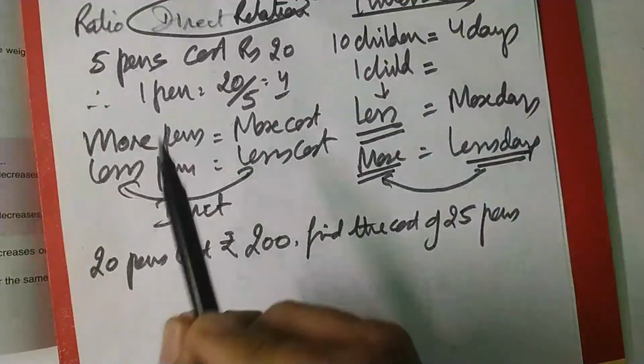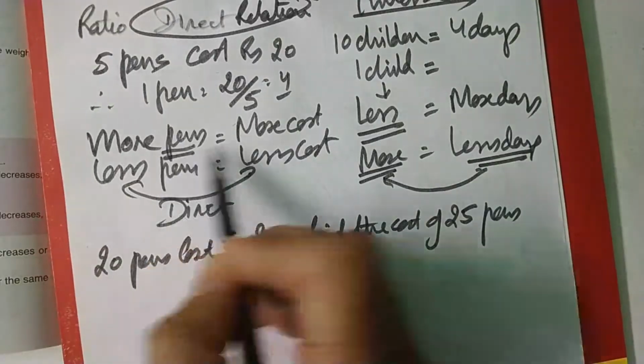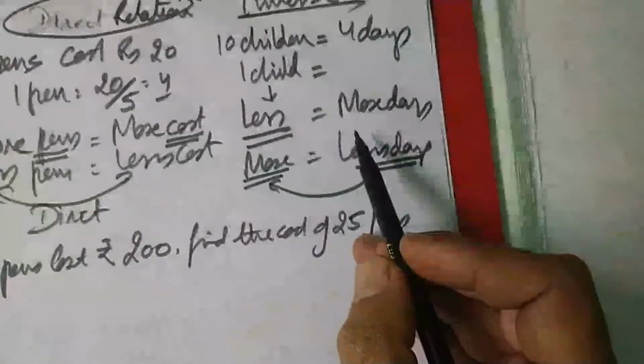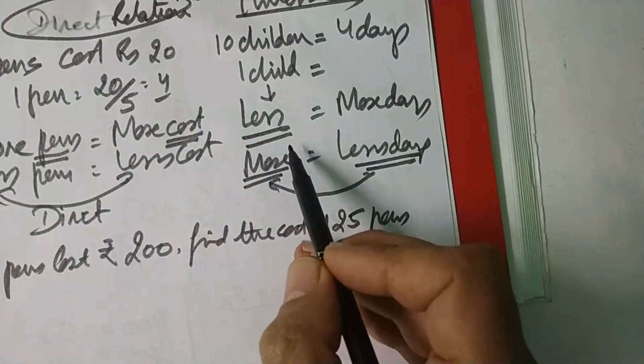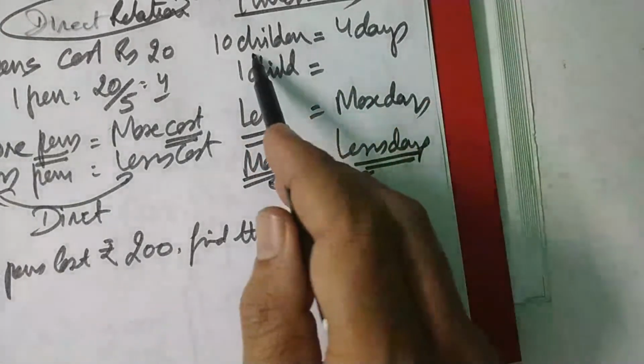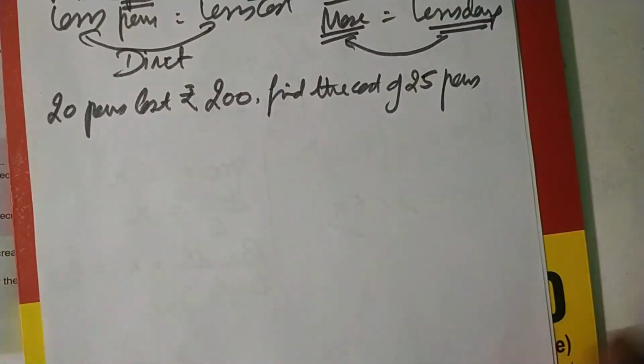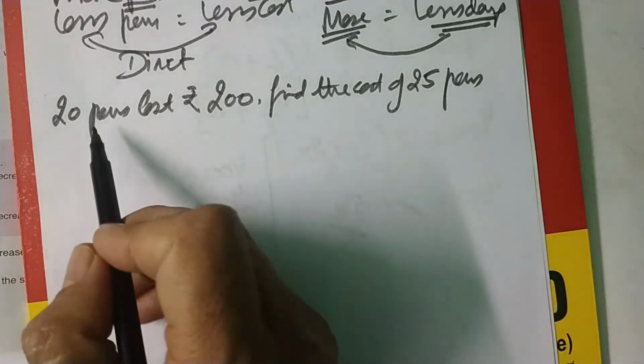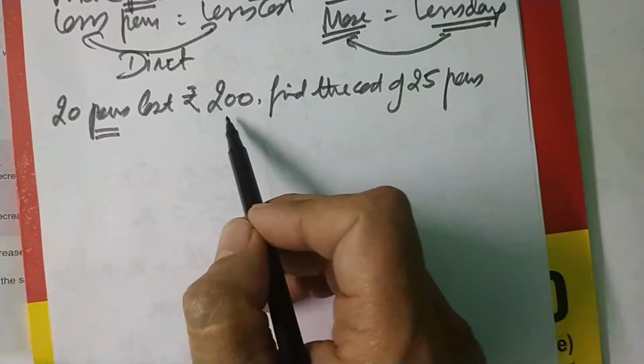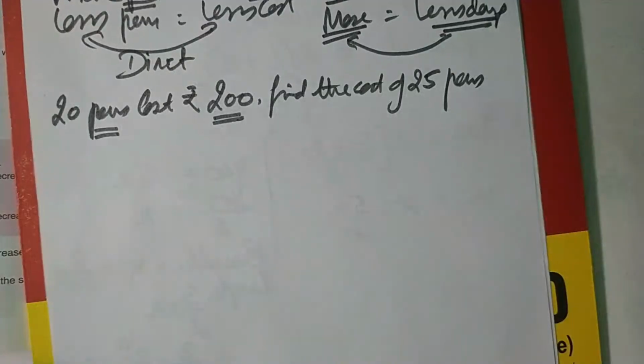Whenever you are given any question, whether it is direct proportion or inverse proportion, you will see that in every question there is a relation between two things. Like here it was pens and cost, and in inverse I gave you the example of number of children and days. So in every question there will be two quantities. In this question, what are the two things? First is the number of pens and second is rupees.